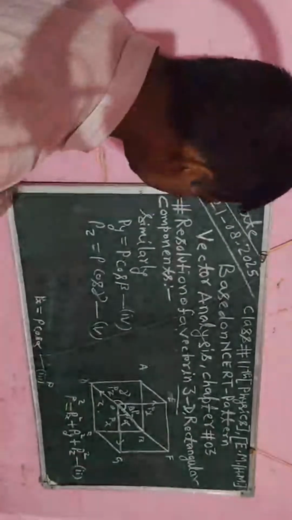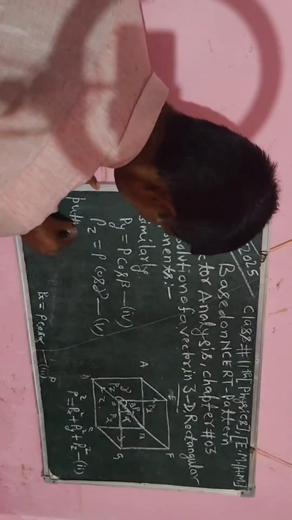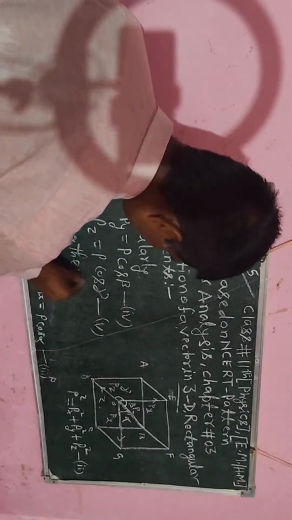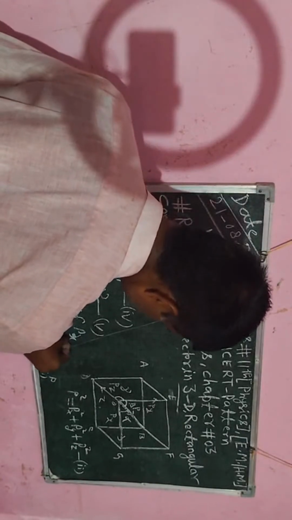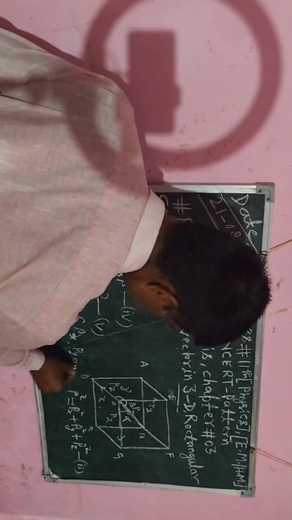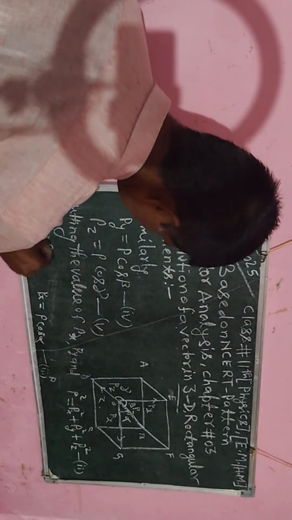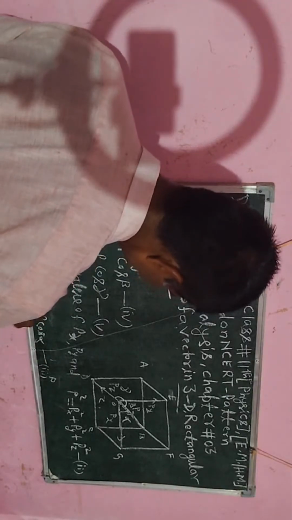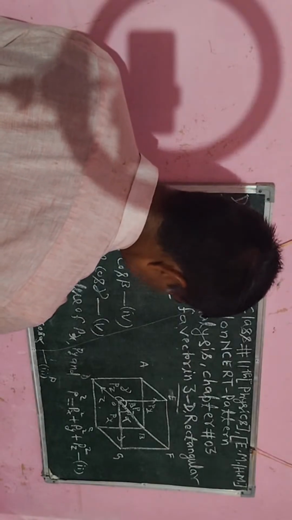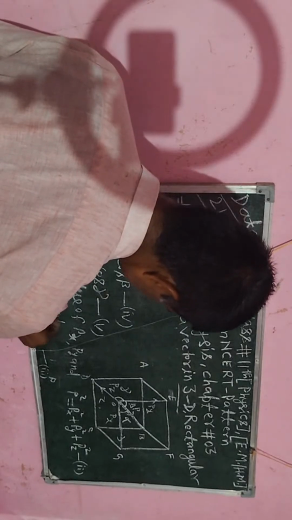So I write: putting the value of px, py and pz for getting the identity.